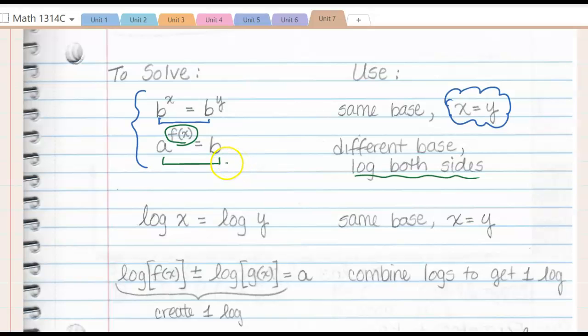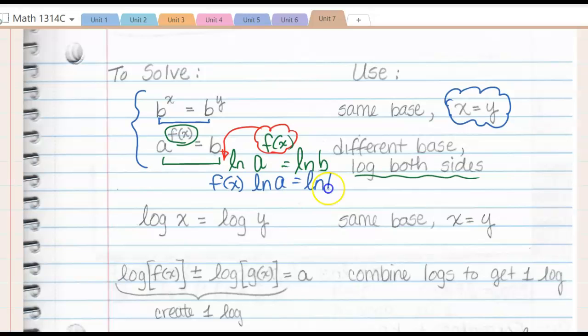Let me show you what I'm talking about. I would do something like the natural log of a with the exponent that has an x in it is equal to the natural log of b. Then I would use that third property of logs to bring this exponent to the front. So now I would have f of x times the natural log of a is equal to the natural log of b.